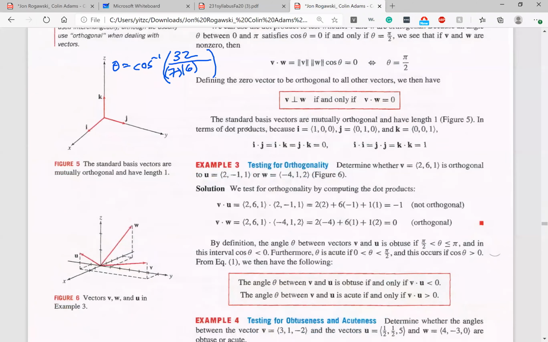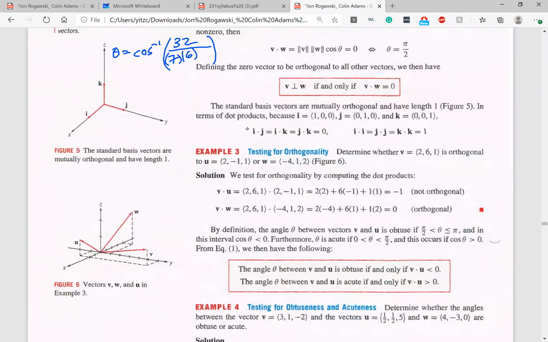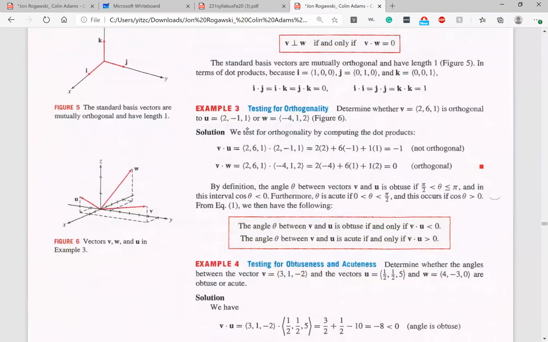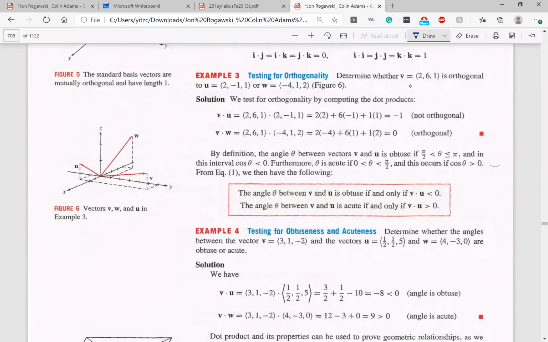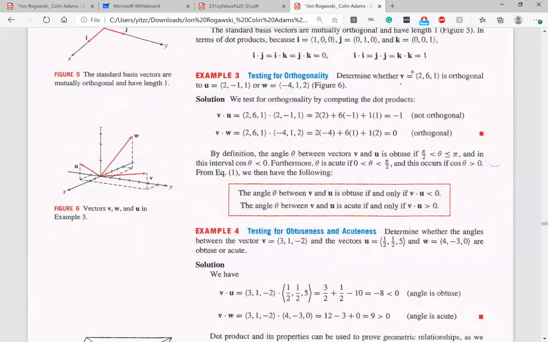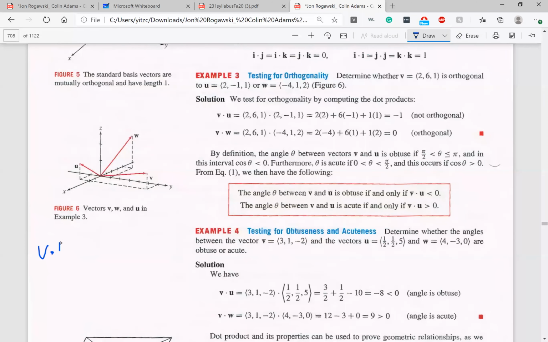Okay, so now they want us to tell them whether the following vectors are orthogonal to each other or not. So if the vector V is this, we want to know if it's orthogonal to U and whether it's orthogonal to W. So let's look at V dotted with U. V dotted with U is 2 times 2, so that's 4. And then minus, so then it's 1 times 6, so it's minus 6.